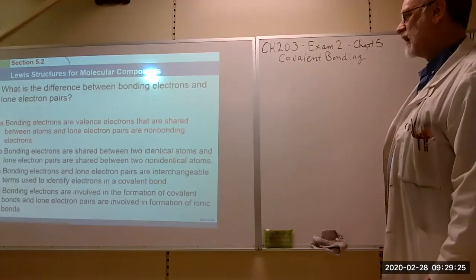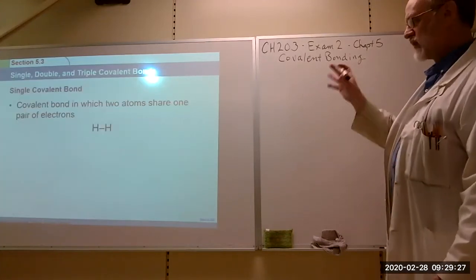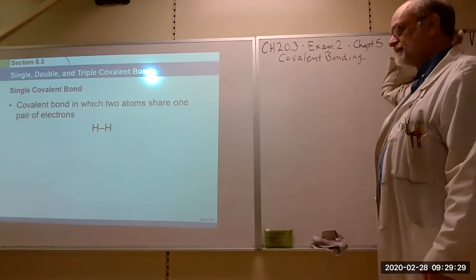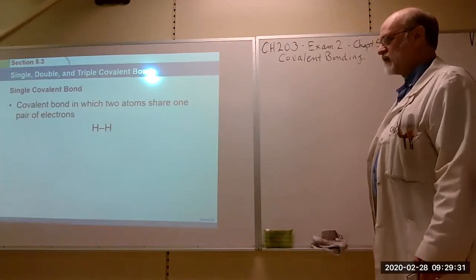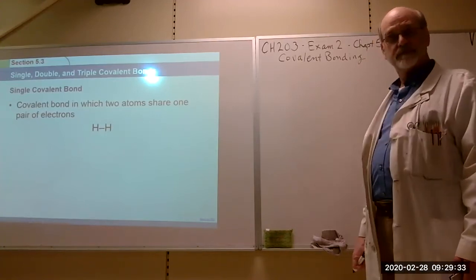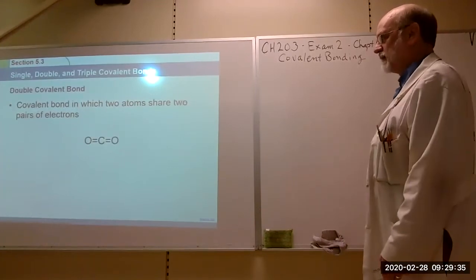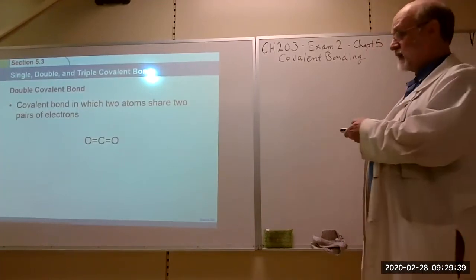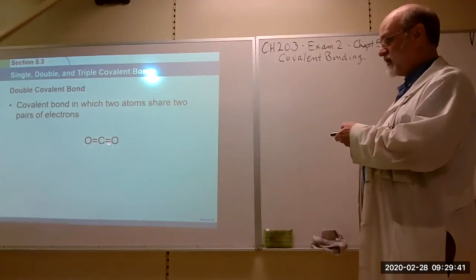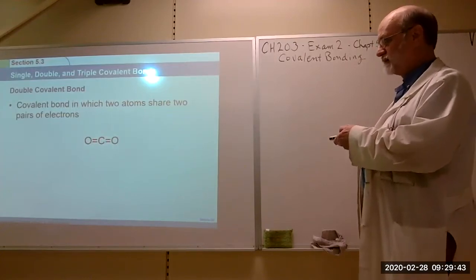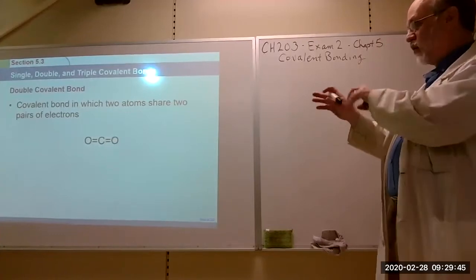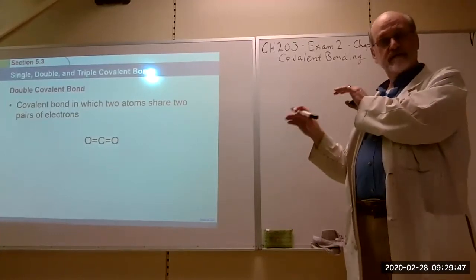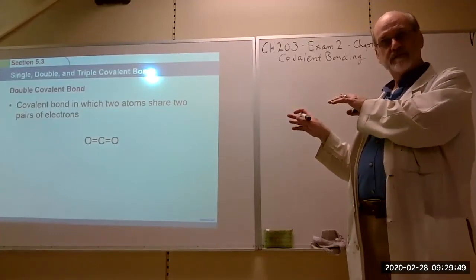Okay, let's see. So that's what a single bond looks like. 2 electrons between the atoms, designated by a line. Here's carbon dioxide, right? So you've got 2 pairs here, 4 there and 4 there. But we're not showing any non-bonding pairs, right?